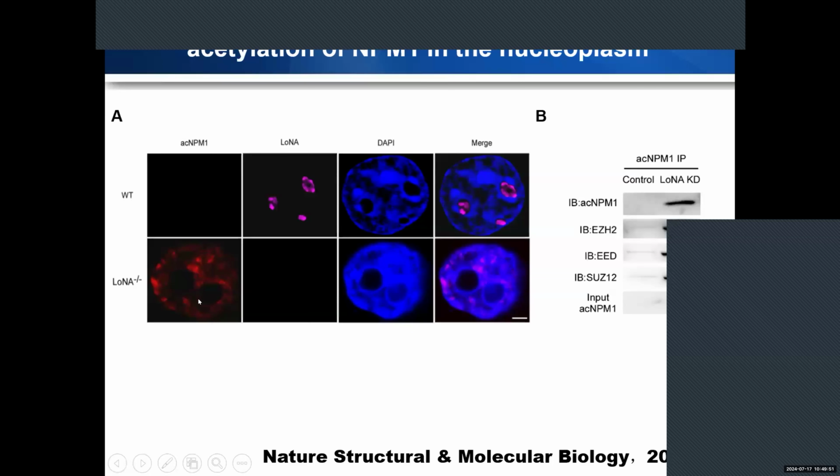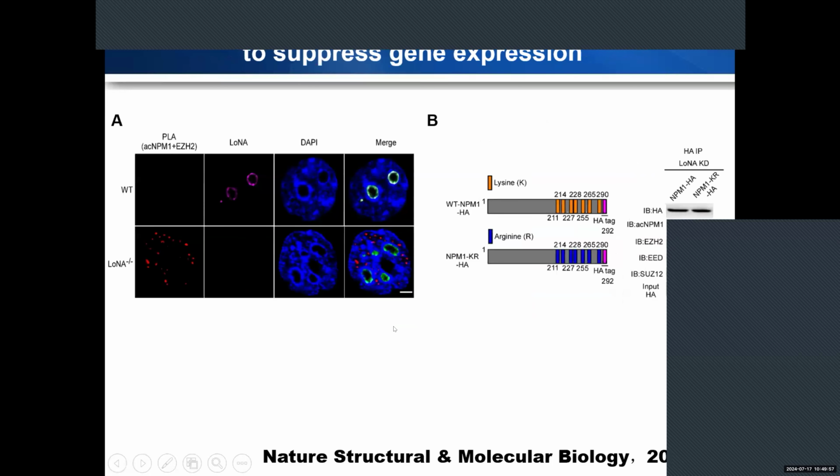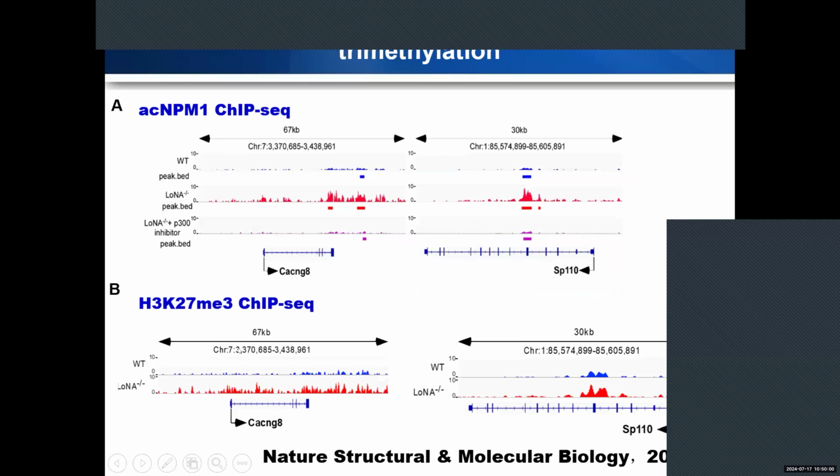The NPM1 then soon gets acetylated. Acetylated NPM1 can bind to chromatin and recruit another complex we call the PRC2 complex. The major function of the PRC2 complex is to methylate H3K27. Then we found that after this histone methylation, gene expression is turned down.